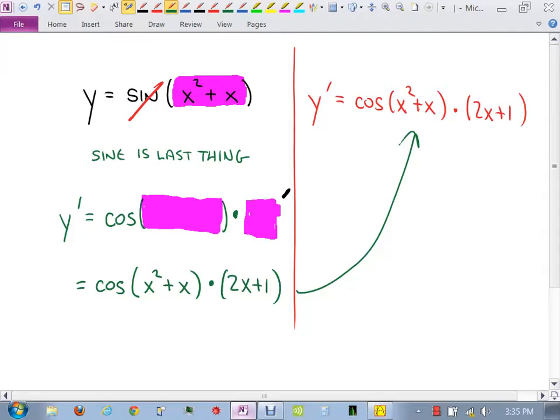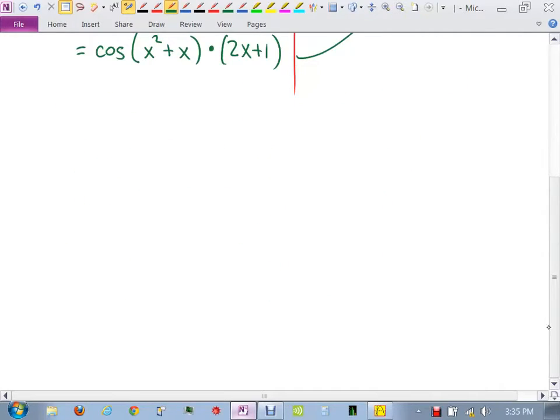Let's do another one. The one we just did, the cosine of sine of, we'll do that one in a minute. Let me baby step you into that. How about, as an example, y is equal to tangent cubed of x squared plus 1.